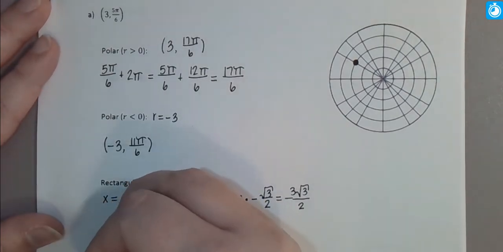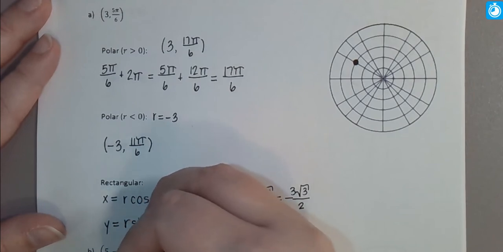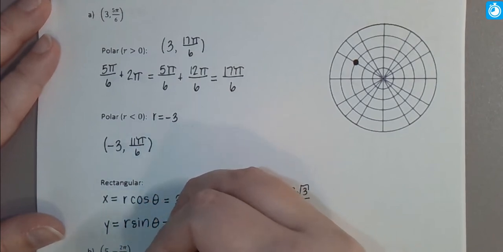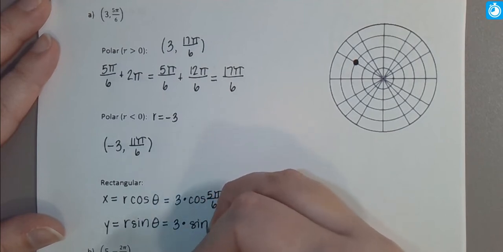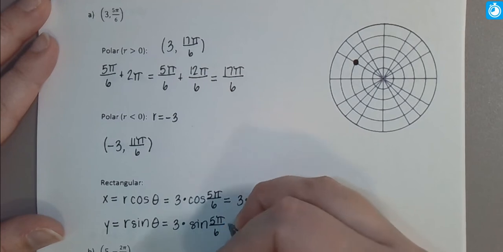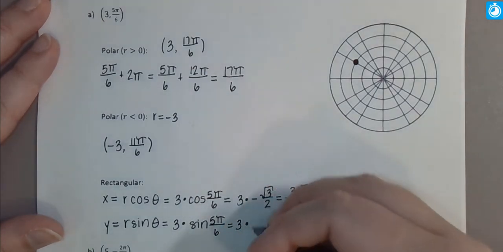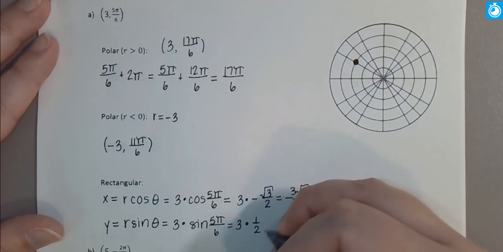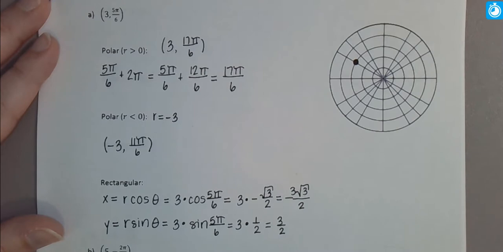Now what about our y coordinate? Y is always defined as r times the sine of theta. So that's going to be 3 times the sine of 5 pi over 6. Now we know the sine of 5 pi over 6 is going to be positive 1/2. So 3 times 1/2 is going to be 3/2.